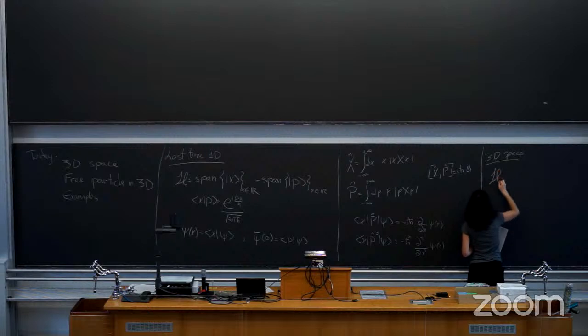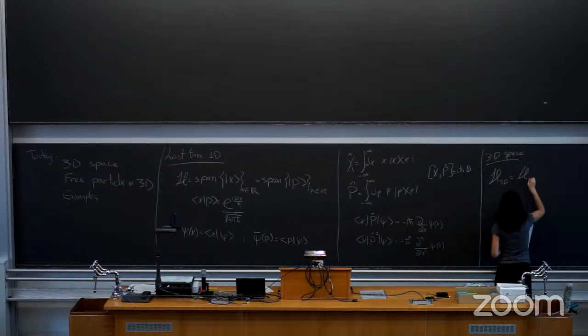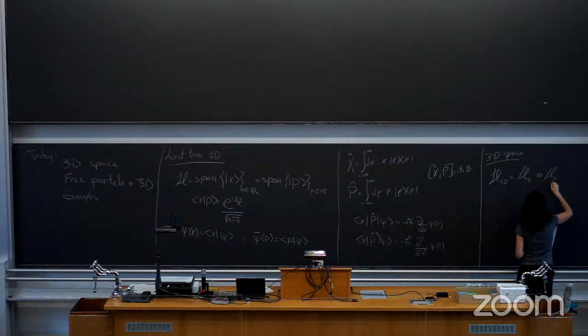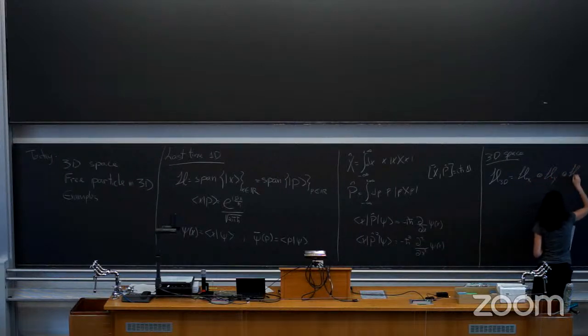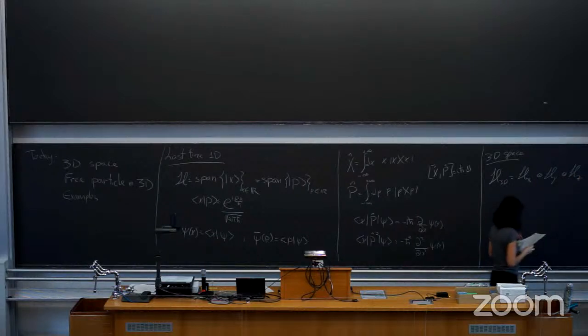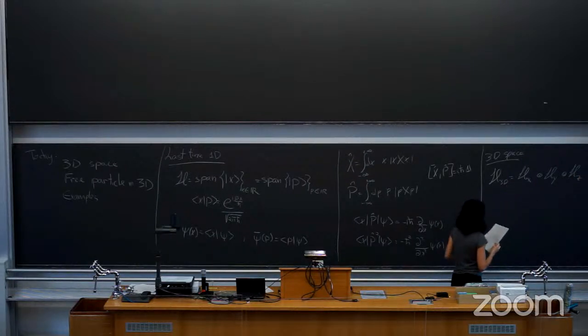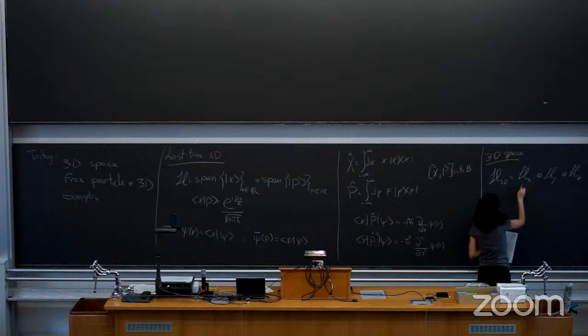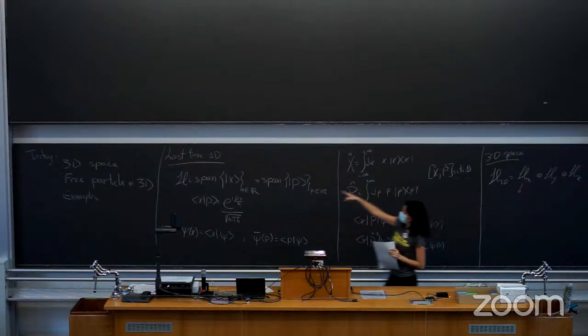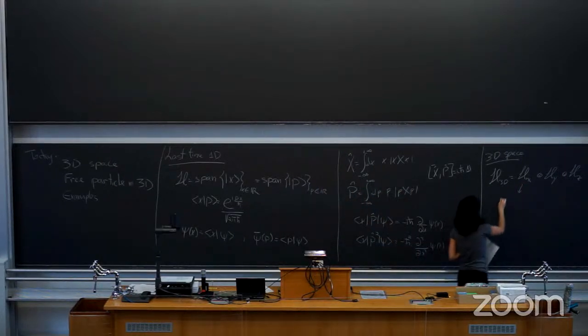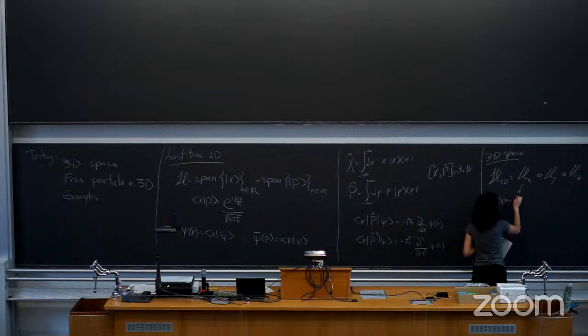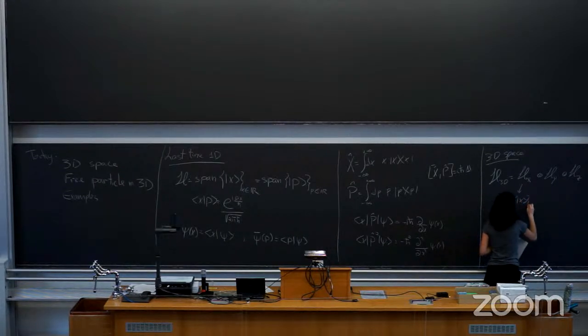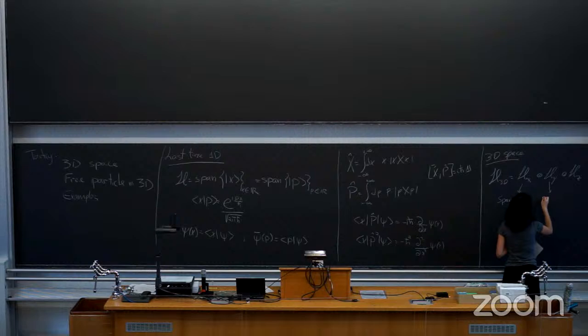You just build a Hilbert space that is 1 dimension along X, 1 dimension along Y, 1 dimension along Z, where each of them is a copy of this thing here. So this is the span of X, and we give it a different name, but it's a copy, right?